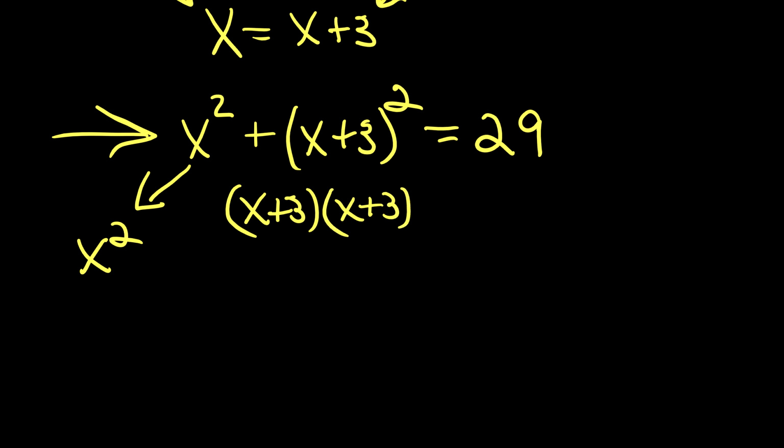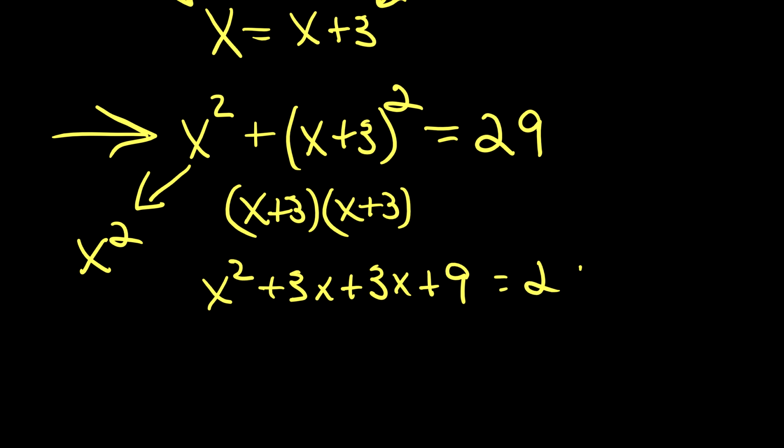That's what this means when it's squared. That binomial squared is x plus 3 times x plus 3. When I multiply that out, I get x squared plus 3x plus 3x on the inside plus 9. And we know it equals 29.